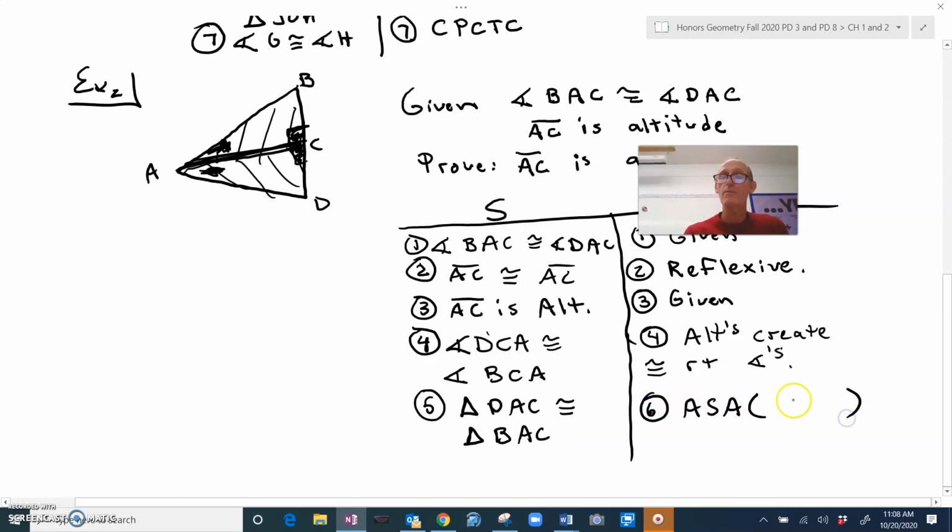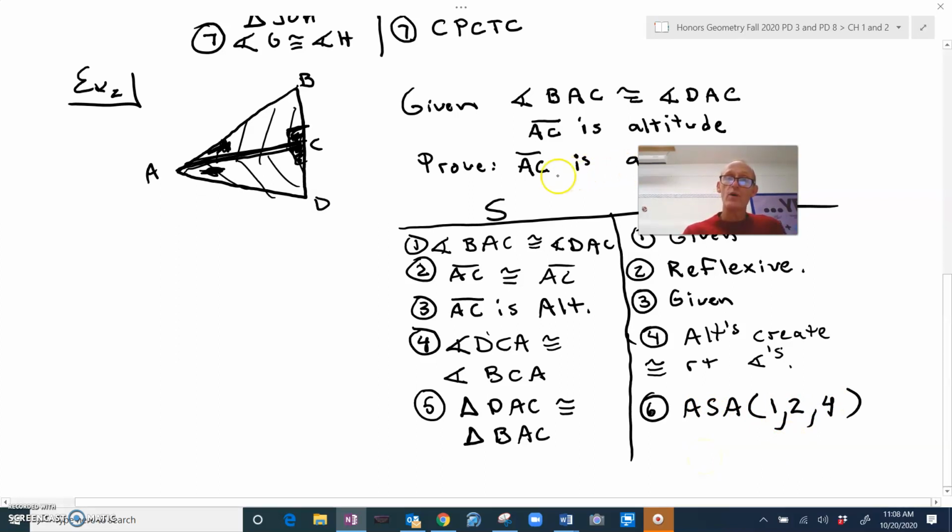And the first angle is given to us, okay? The reflexive side then, and then the fourth step from the altitudes.